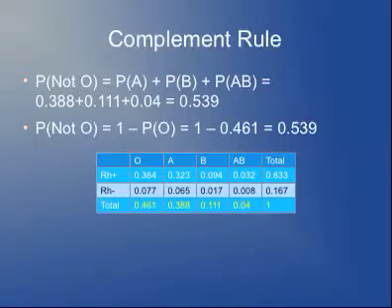It sums to 0.539. But you could also get that using the complement rule. The probability of not O is equal to 1 minus the probability of O blood, which turns out to be 0.539. Same answer regardless of how you do it.